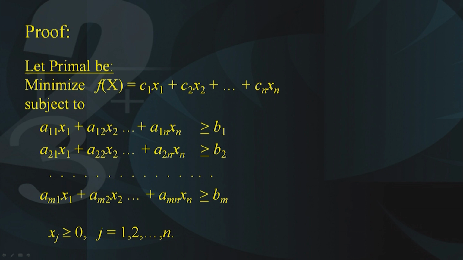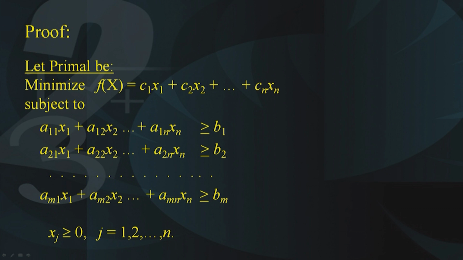So, this is the theorem, it is a very famous theorem, and it gives you a relationship between the feasible solutions of the primal and the dual. Please note, they are not necessarily the optimum solutions, they are the feasible solutions. So, we need to find out the proof for this.